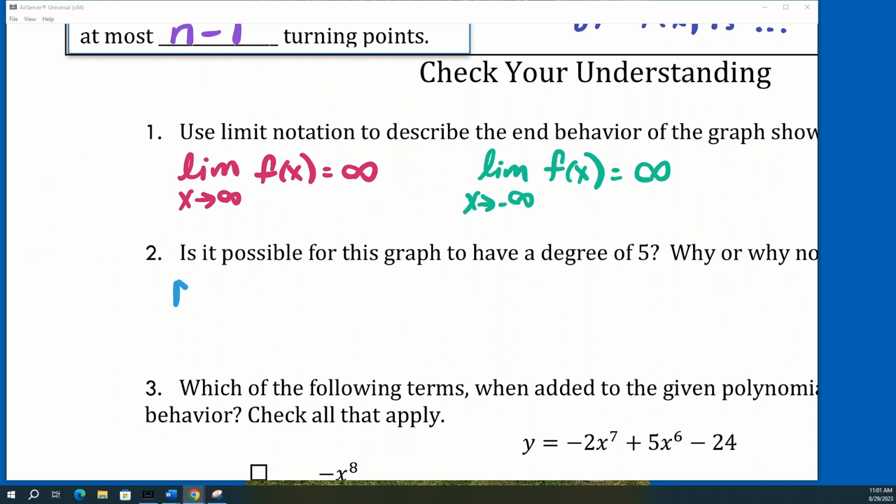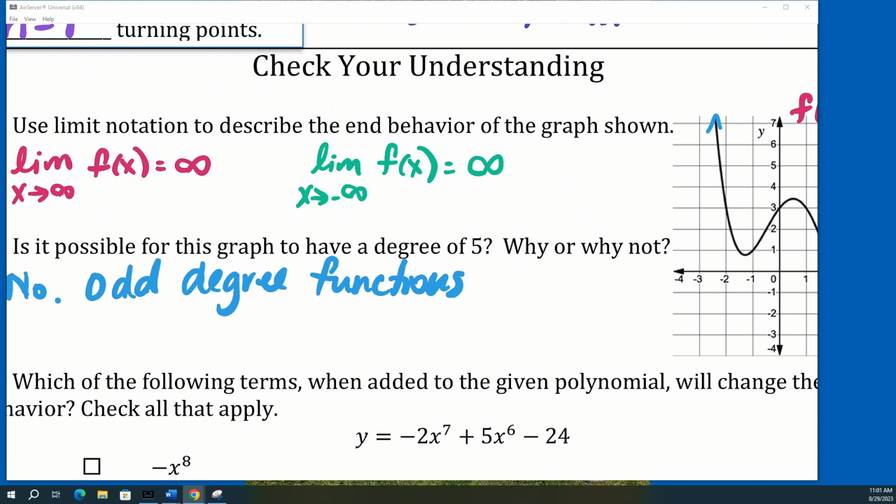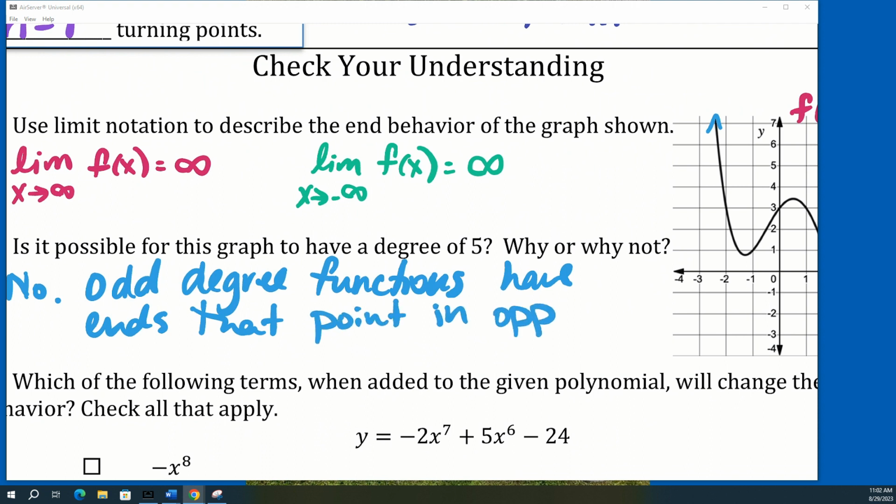So we're going to say no. Odd degree functions have ends that point in opposite directions. So it's definitely an even degree.